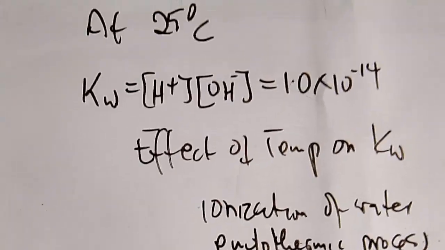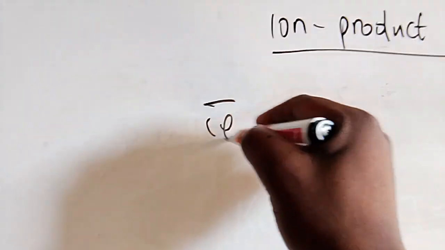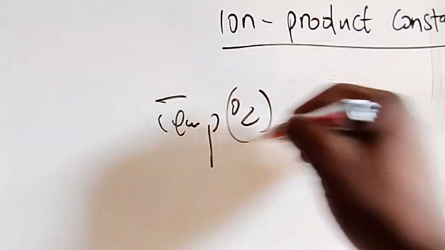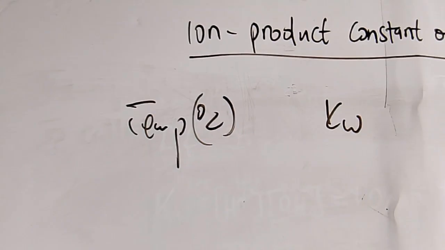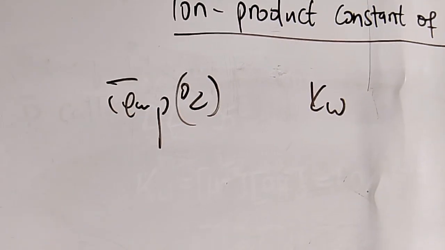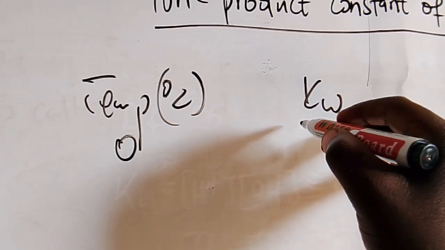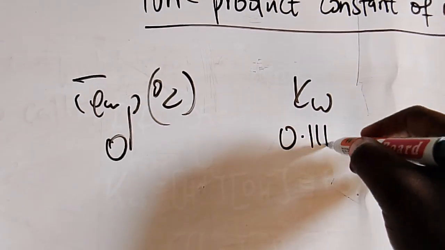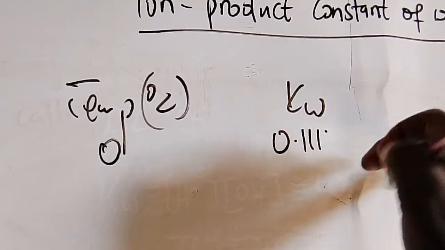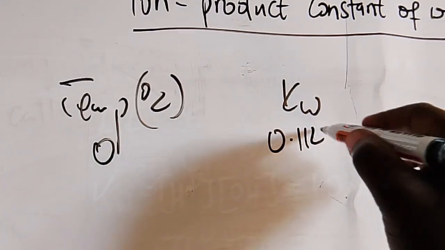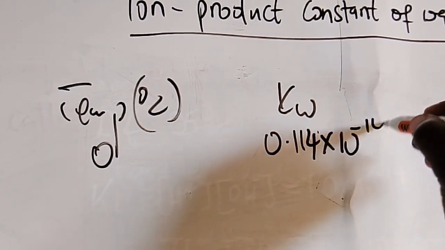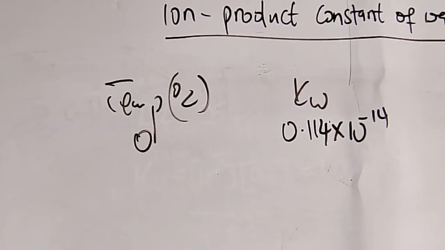We shall start from 0 degrees all the way up to about 100. At 0 degrees, Kw is about 0.114 times 10 to the power negative 14.